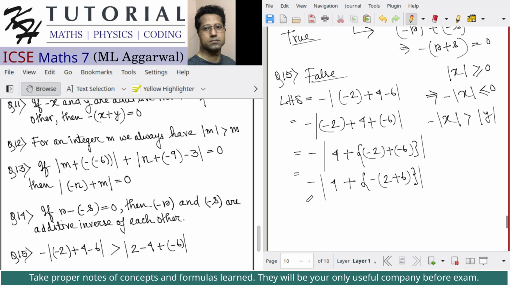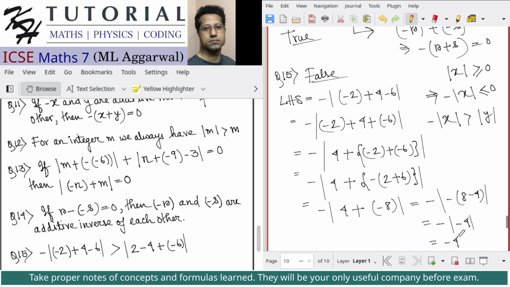This is equal to negative of absolute value of 4 plus minus 8. This is again equal to negative of absolute value of minus 4. This is equal to minus 4.